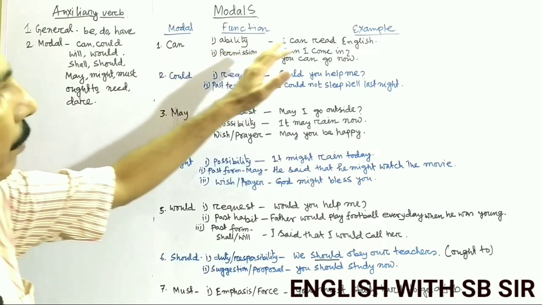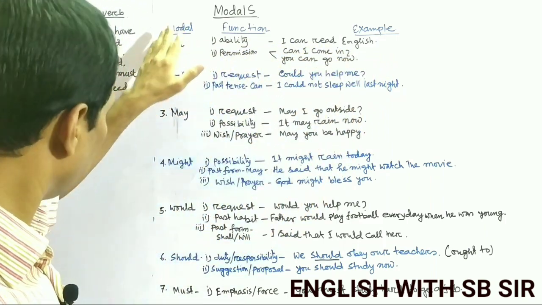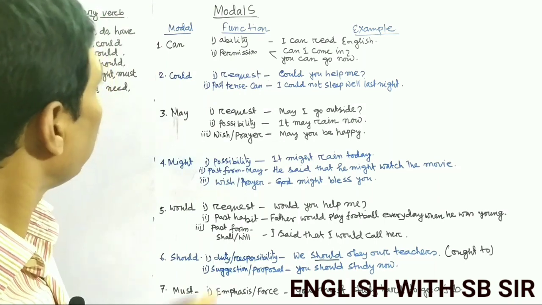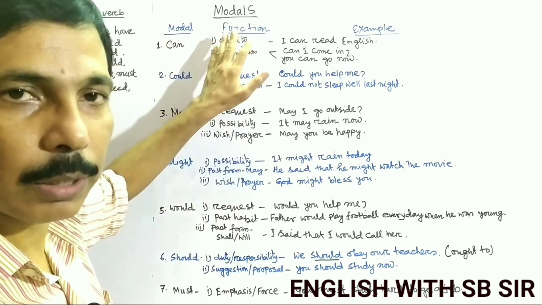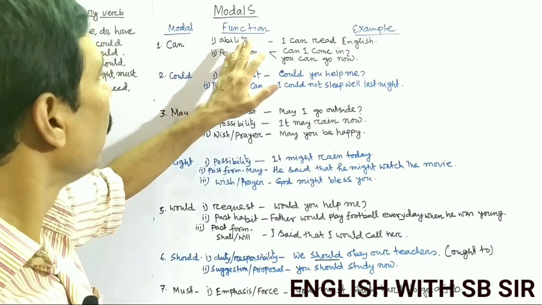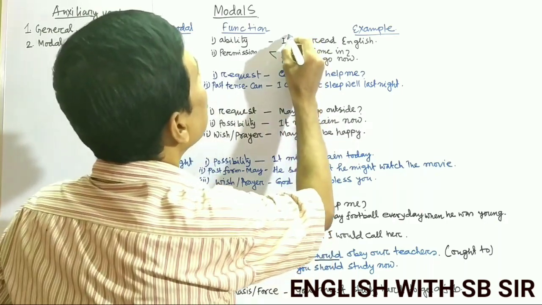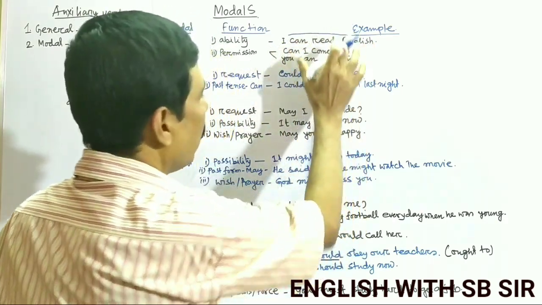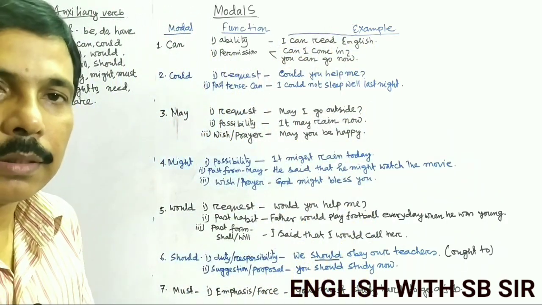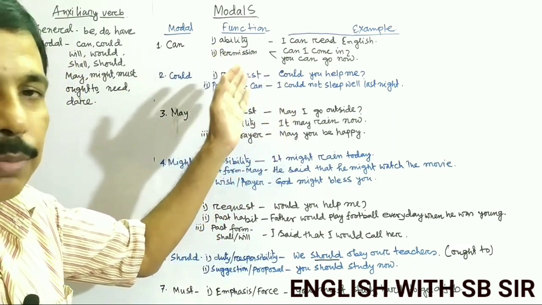Here I have given a chart. Here are all the modal verbs, here is the function of the modal verb, what purpose the modal verb serves, and here is the example portion. I have given an example for each type and its function.